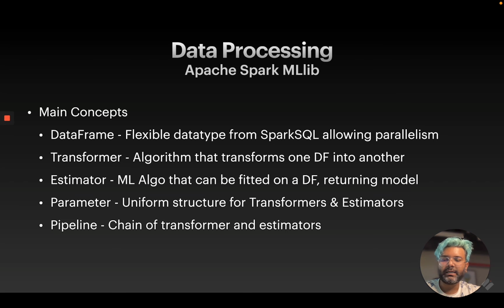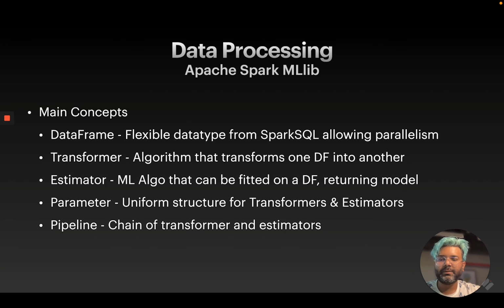And pipeline, like I mentioned, is just a chain of transformers and estimators. So the way these APIs are designed in Spark, it's very easy for you to use any estimator, any transformer, and you can chain all of them to create a really complex pipeline. And that is your actual production level Spark machine learning application.